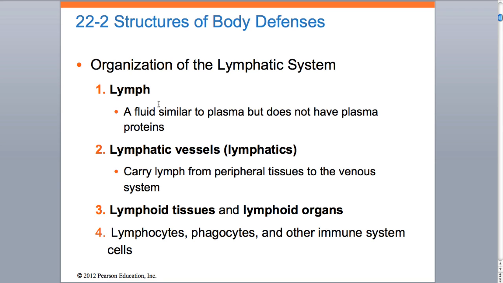If you somehow have leakage of plasma proteins into the interstitial fluid, and in this case leaking into lymph, fluids are going to go into lymph or into the interstitial, and you're going to have edema. So that's not good. So lymph is very similar to blood, very similar to plasma, but does not have the plasma proteins because the plasma proteins should stay in blood.